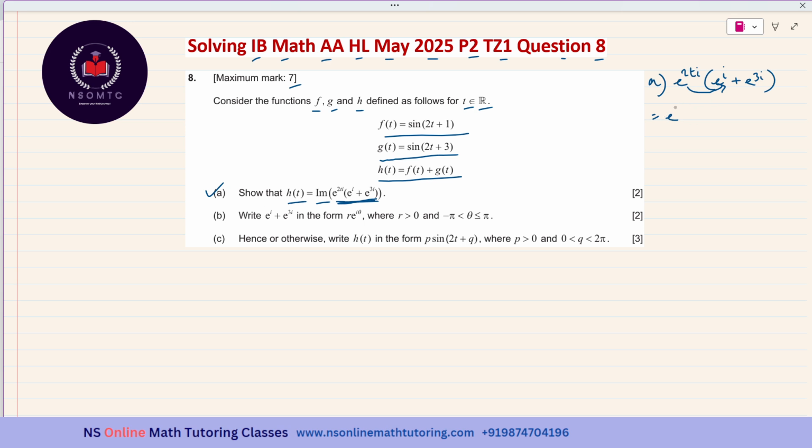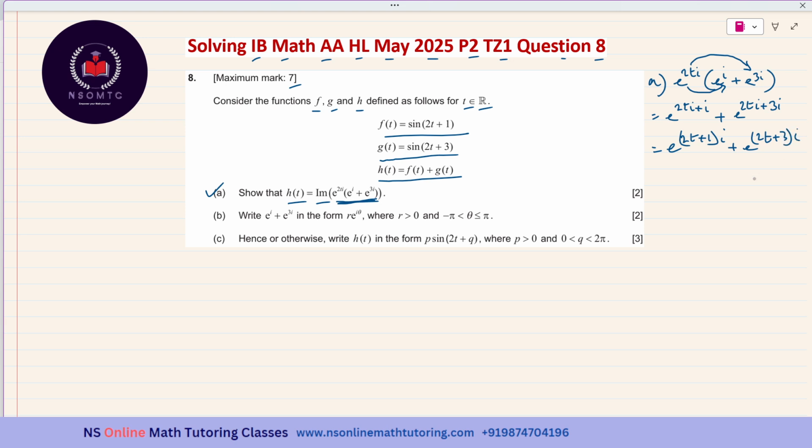So this is 2ti plus I and plus, now this is getting multiplied with this, e to the power of 2ti plus 3I. Okay. So this is equal to e to the power of 2t plus 1 I plus e to the power of 2t plus 3 I.